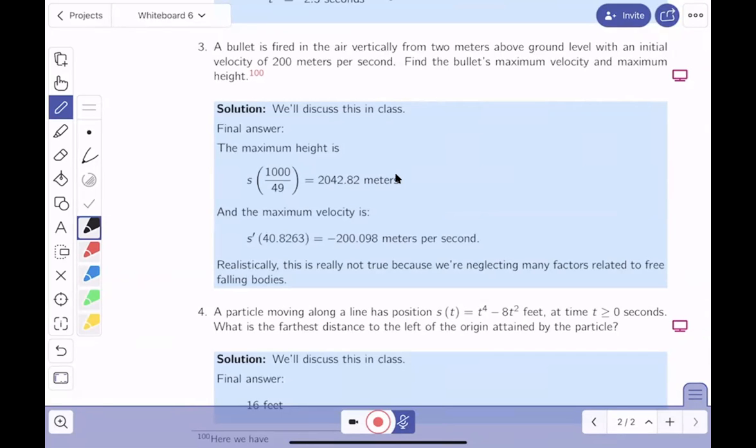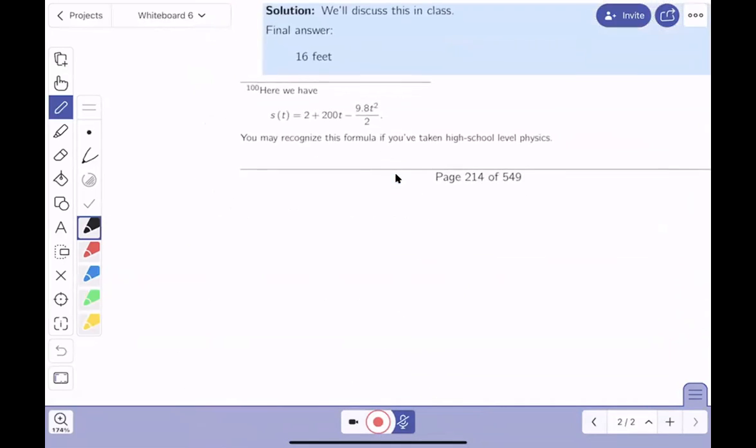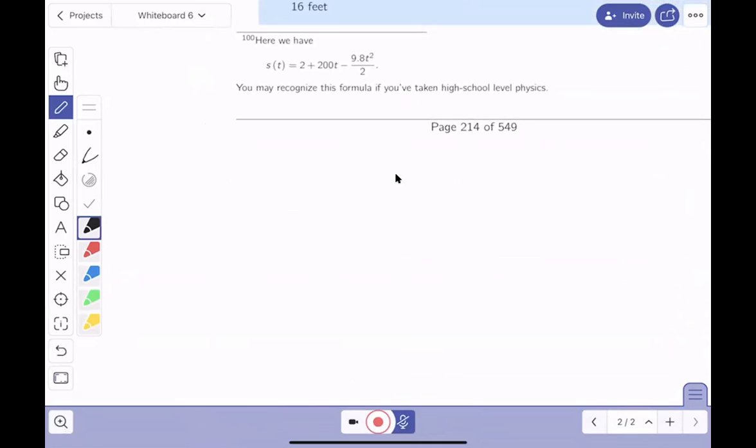All right, so what I'm going to claim over here is looking at it. They have a footnote over there, and I want to point out the footnote. They give me something which you may be able to do on your own, but I'm not expecting it. What does it say? You may recognize this formula if you've taken high school level physics. What kind of formula do you get in high school?